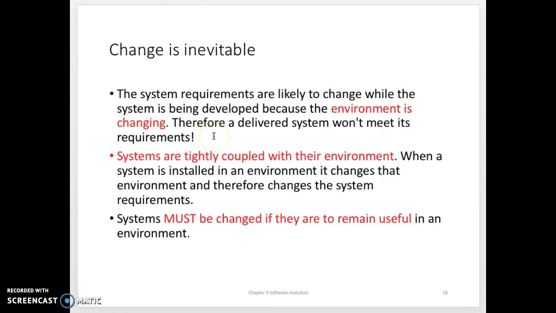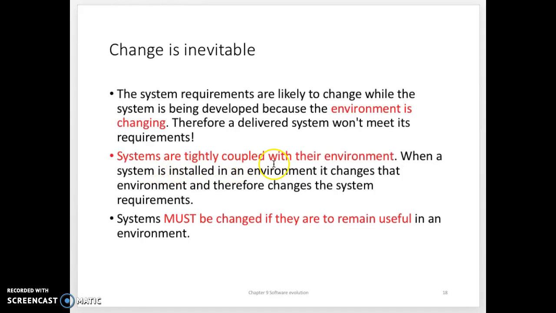This means the surrounding environment where the system is being used is changing, so the requirements would evolve and change. So the delivered system won't meet its requirements, and then the requirements change and so on. That's one of the sources of changes.